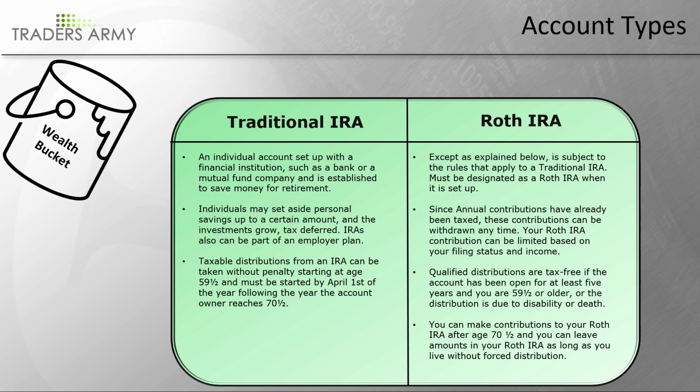So why do people do traditional IRAs? Well, a lot of people say that later in life they'll be in a lower tax bracket, and that it makes sense to pay the taxes later in life, when I'm in a lower tax bracket, rather than paying them now. Also, by using a traditional IRA, let's say I put away $5,000 pre-tax.